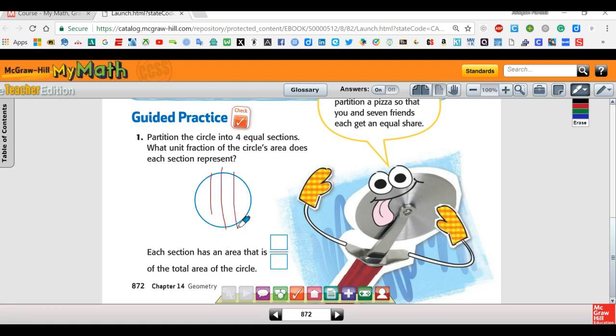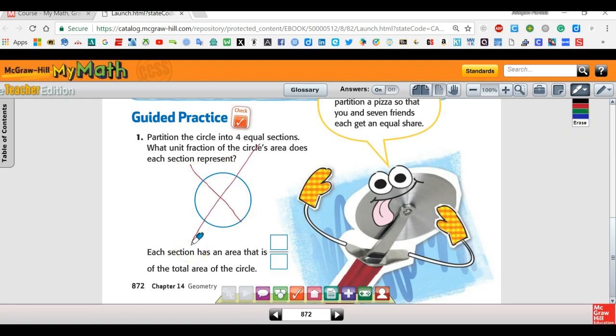Is that right? No. Well, those are 4 sections, but no, they're not equal. Okay, I'm going to do the best that I can to make them equal. It's probably the best way to do this, right? Pretty much right there. Or, yeah, if you want it like this.